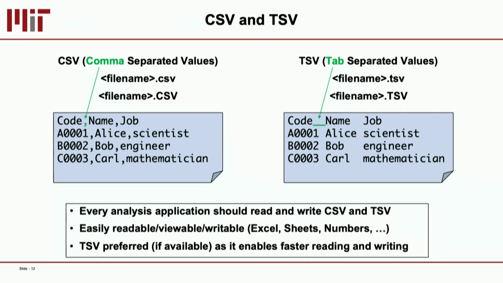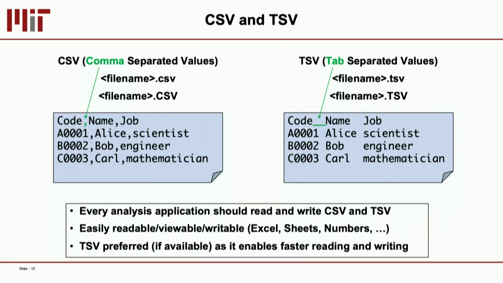That's all that means. We tend to encourage people to use TSV, which stands for tab-separated values, because we can replace the comma with a tab, and that allows us to write higher performance readers and writers, because it is not uncommon to have a comma within a value, and so it makes it very difficult to write parsers that can do that fast.